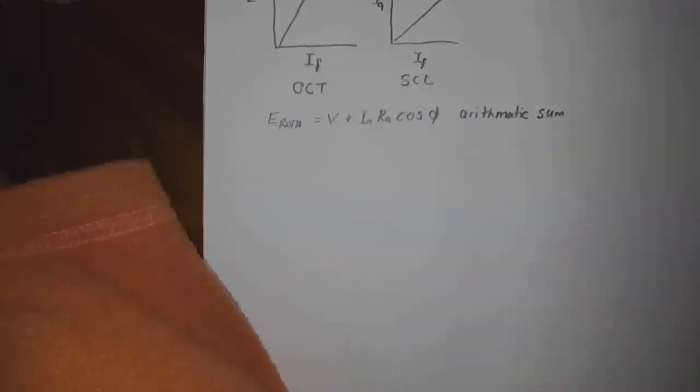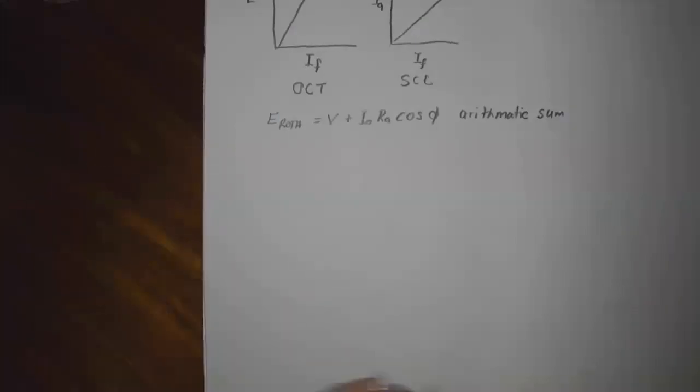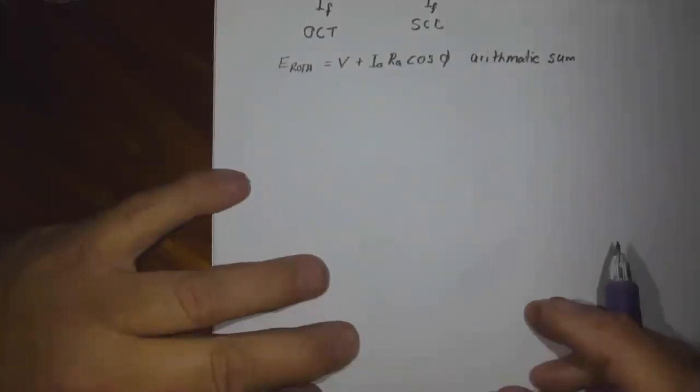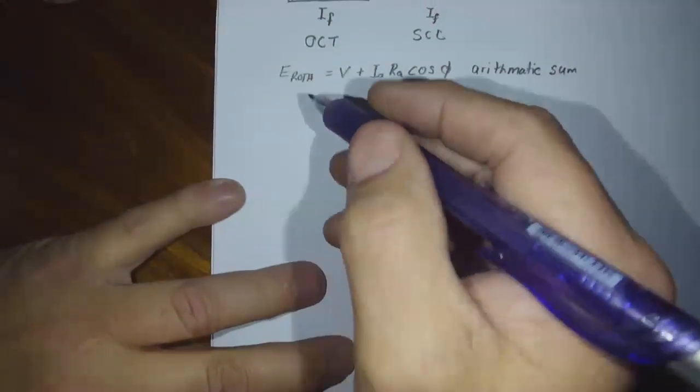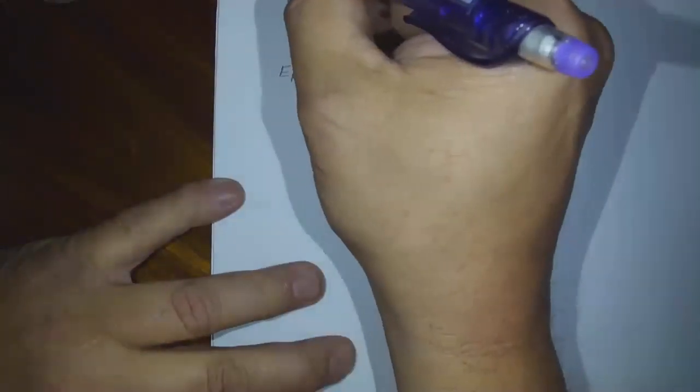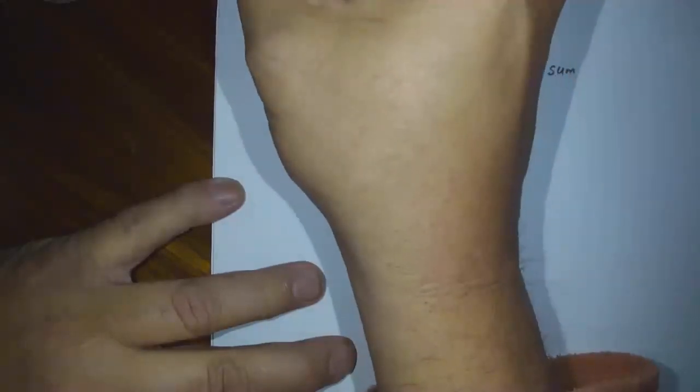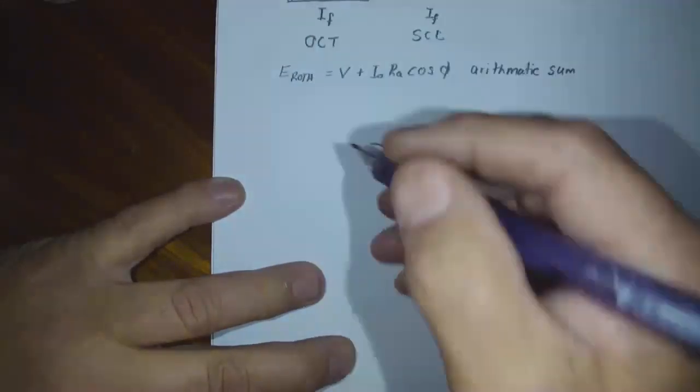Now, the first thing is, from E Rother, we go to the graph and say, okay, E Rother is there, and this is the excitation that caused it.